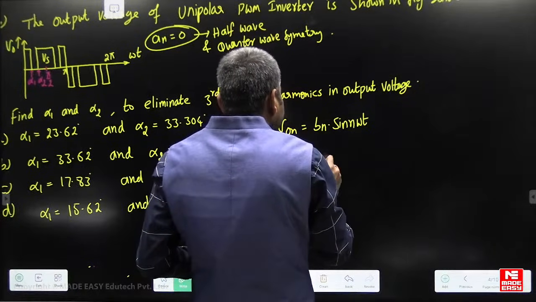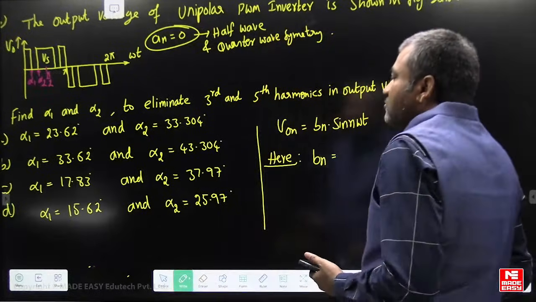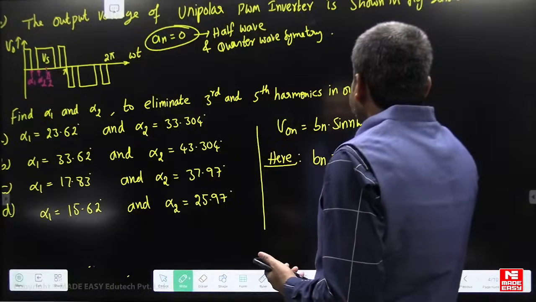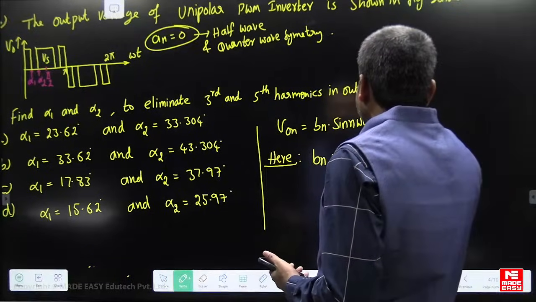How do we calculate the value of Bn? Using the quarter cycle, the integral is from 0 to the quarter cycle.